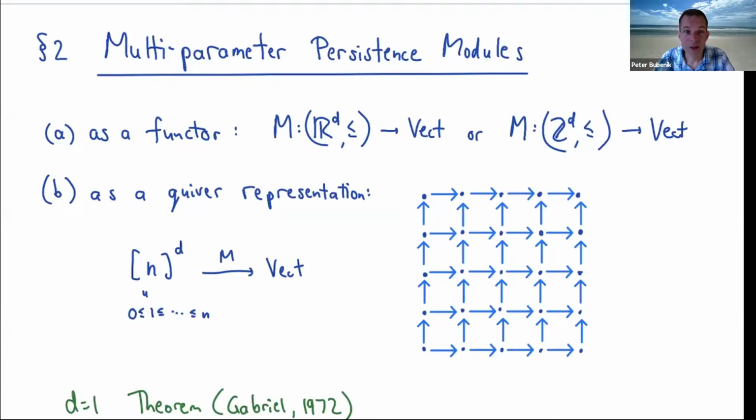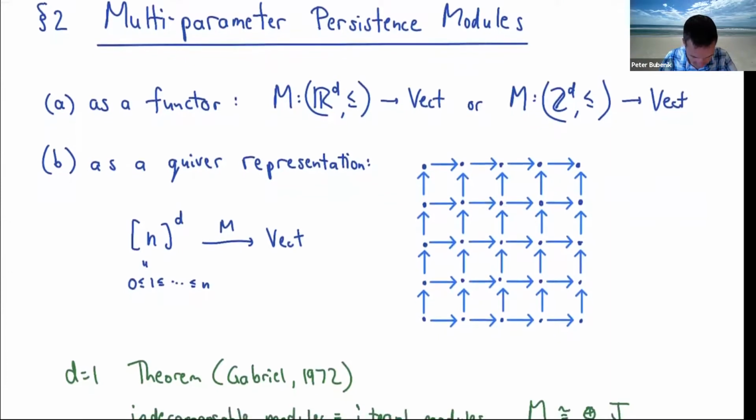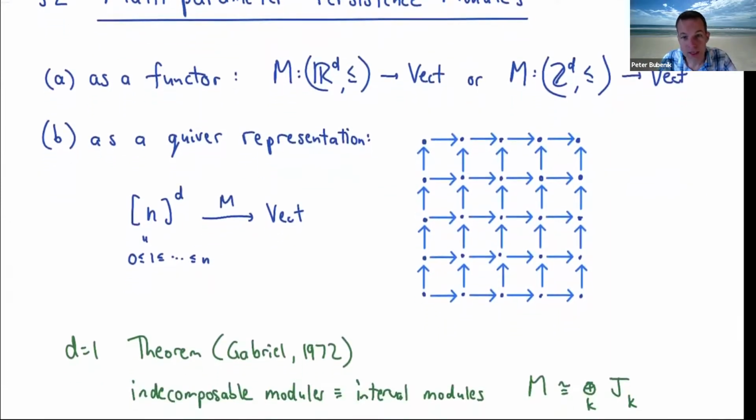And so we can apply some of the great results of quiver representation theory to multi-parameter persistence modules. And in particular, there is a famous and wonderful theorem of Gabriel from 1972, which tells us kind of everything we want to know for the one-dimensional case.